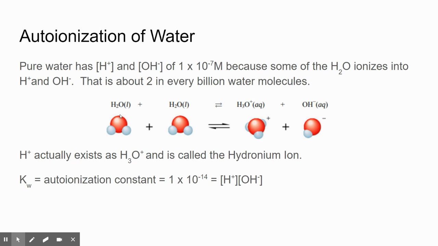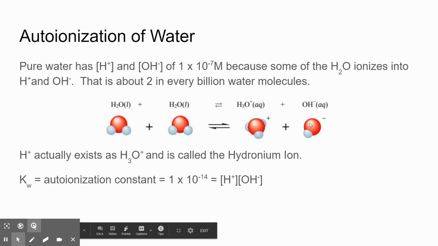And then what happens is about 2 in every 1 billion water molecules. So it doesn't happen that much, but sometimes the water molecules transfer hydrogen to another water molecule, and we'll get H3O plus and OH minus.